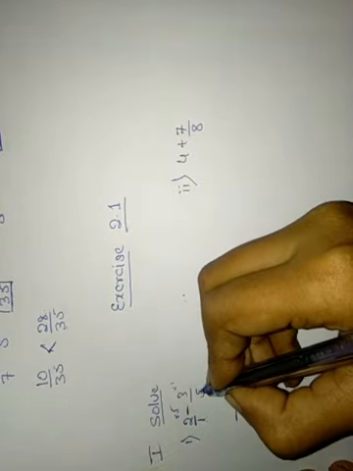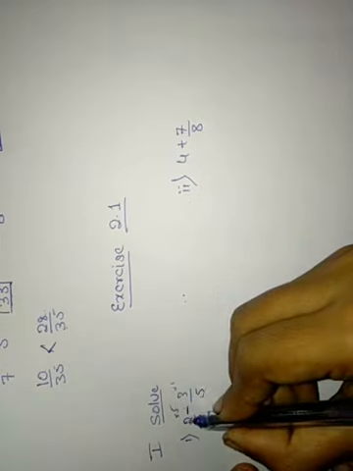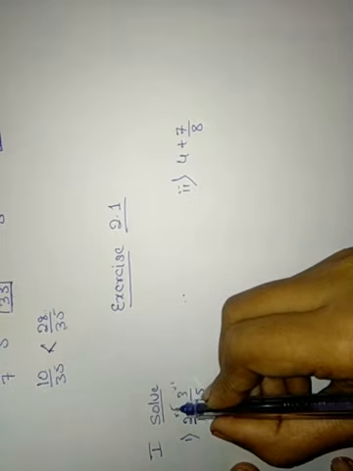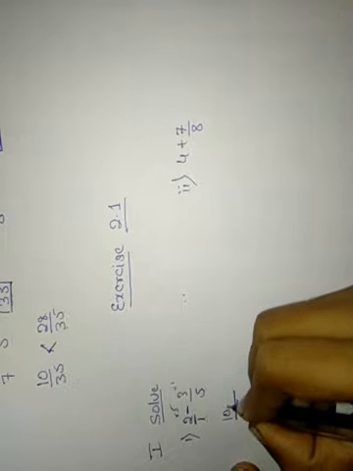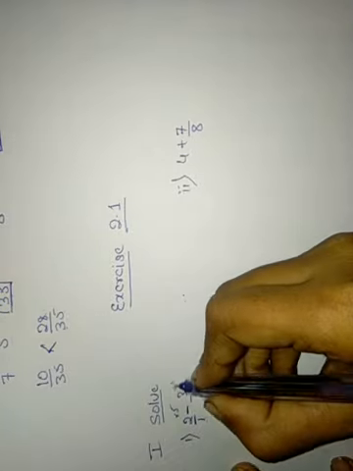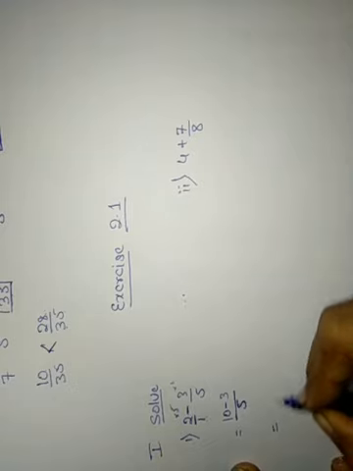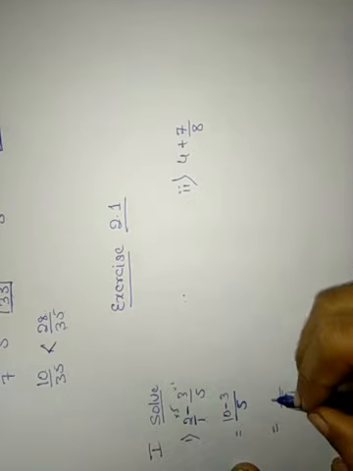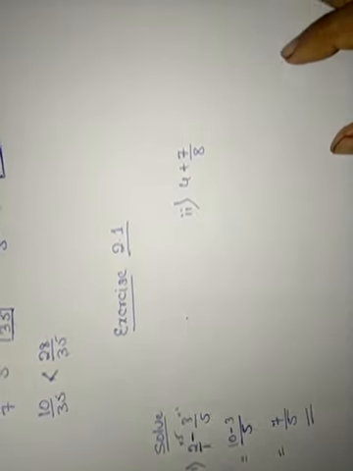Again we are getting 5 only. 5 ones are 5 only, yes or no? Next step, we multiply the numerator value by this multiplied value, that is 2 5s are 10 minus 3 1s are 3. We keep the denominator as it is: 10 minus 3 will be 7. Right? This is the answer. Now second problem.